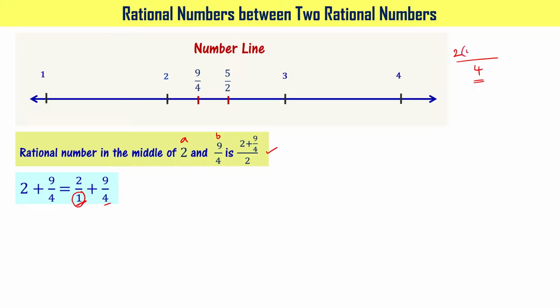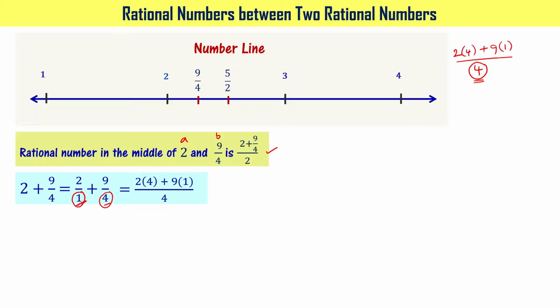Let me multiply that with 2. Let me write plus as is. Now we can write 9 here, and then we have to divide LCM 4 by this particular 4. 4 by 4 is 1. That's why we are going to multiply 9 with 1. So this is what we have to write.